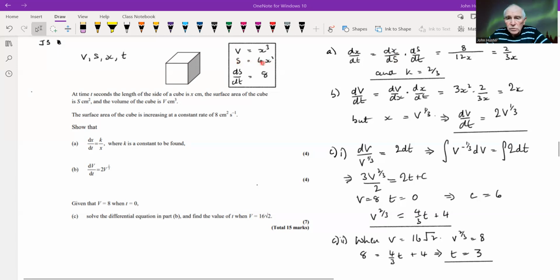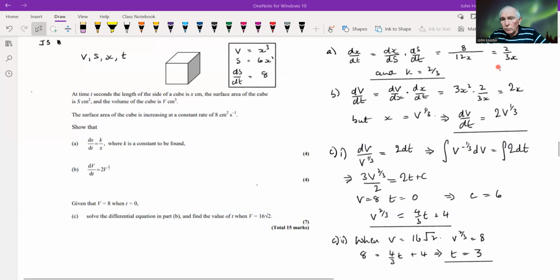So ds/dx equals 12x, just using the power rule. So our expression here becomes 8 divided by 12x, or 2 over 3x. And therefore, we've shown what we've been asked, and k is equal to 2/3, the constant to be found.